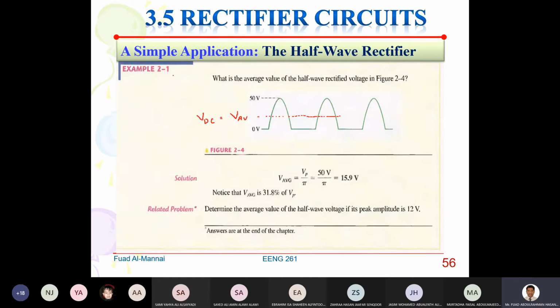This is an example here on half-wave rectifier. What is the average value of the half-wave rectified voltage in this figure? As you can see, the peak is 50.